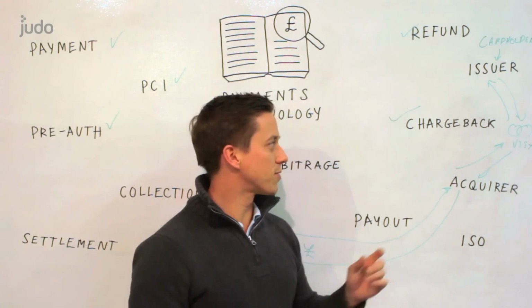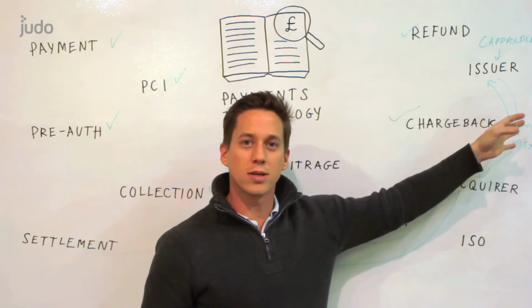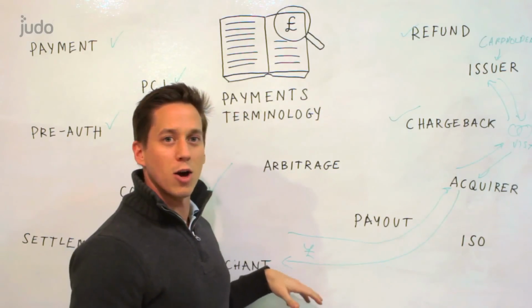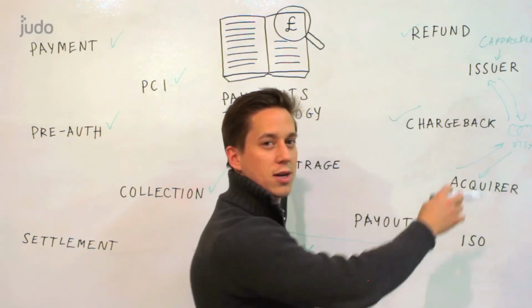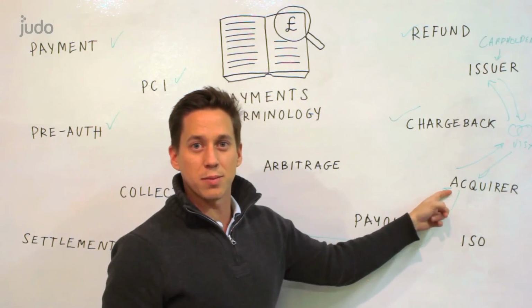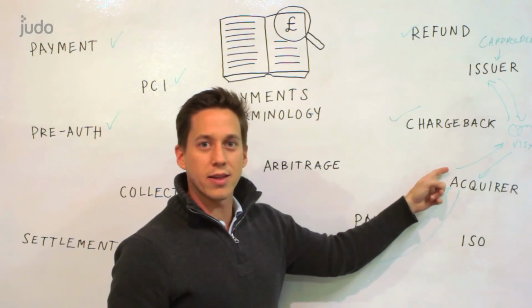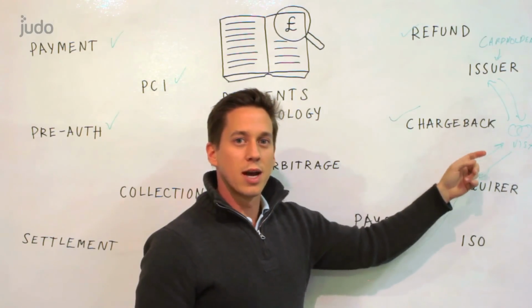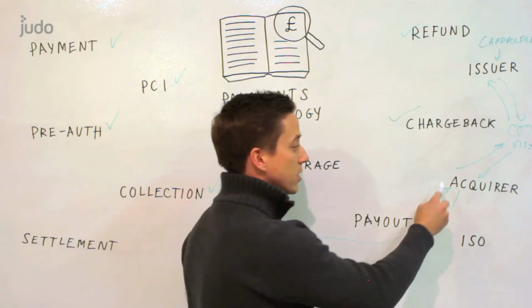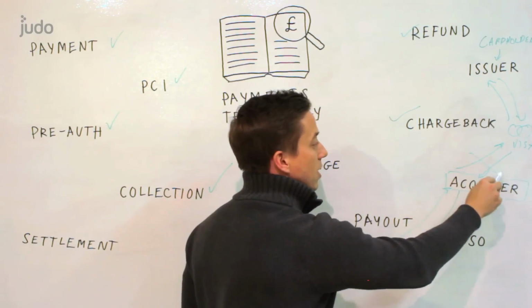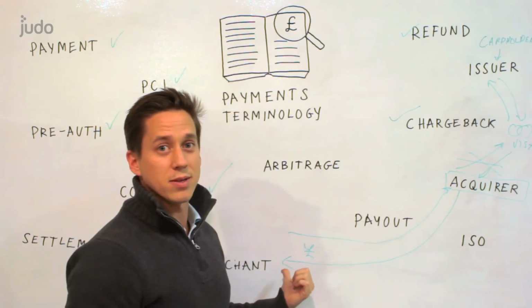We provide the service that interacts with the card networks, and we interact with you to help make this a seamless process. You shouldn't have to worry about any of this, but you need to know that your acquiring bank is going to be on your side when anything could possibly go wrong, and particularly that they're like Judo and have 100% uptime. Because if this acquirer loses connection with this network, you can't take payments.